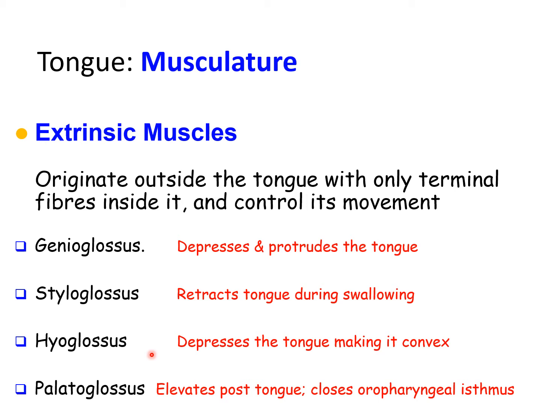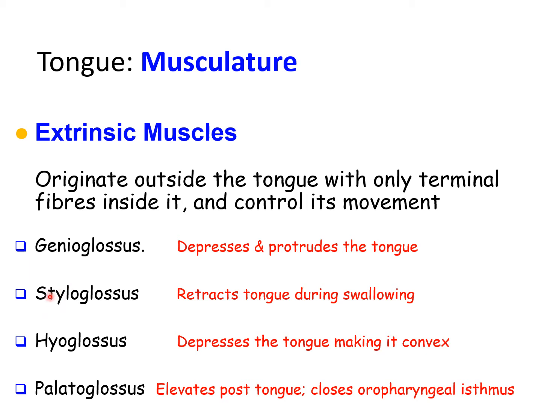So there are 4 recognized groups of extrinsic tongue muscles, and their names would give you an indication about their origin and insertion. So genioglossus originates from the superior genial tubercle on the lingual aspect of the mandibular symphysis and inserts into the tongue, and the function of genioglossus is depression and protrusion of the tongue.